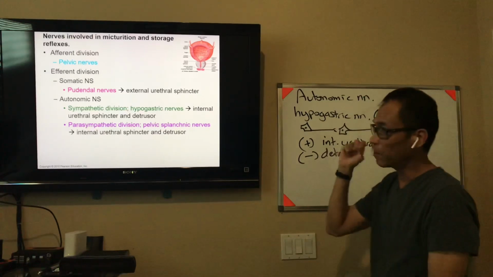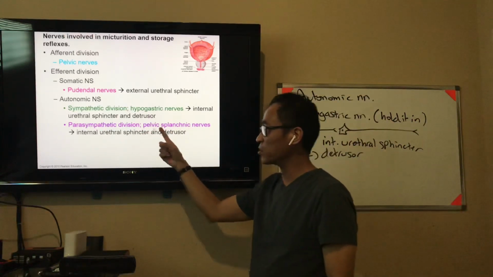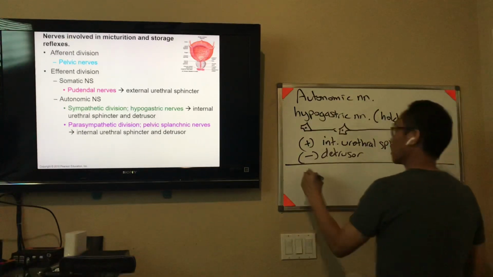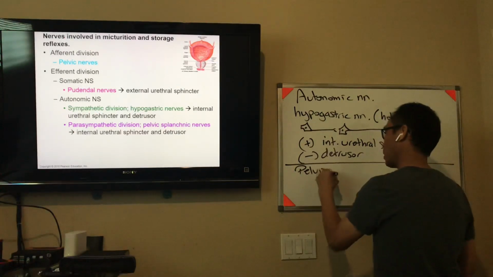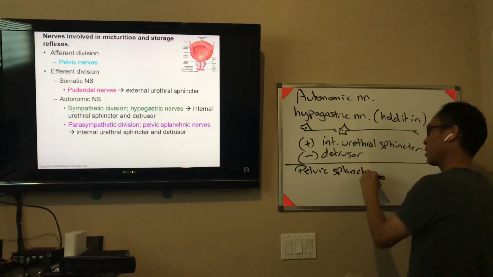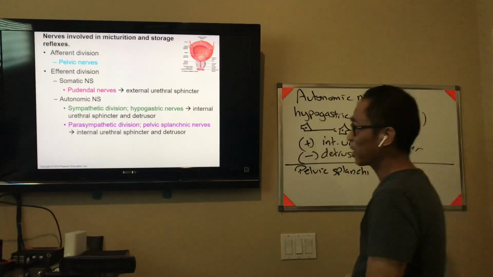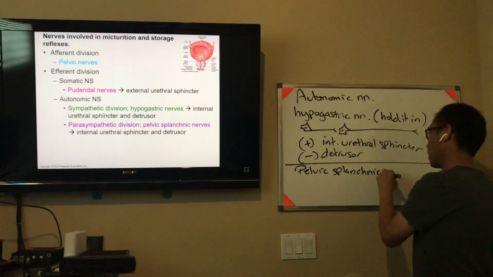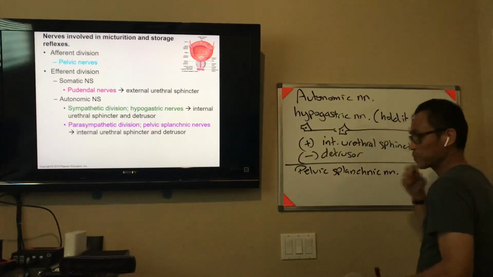So the nerve that helps you go, void the bladder, is the parasympathetic division. Know the pelvic splanchnic nerves. Always have trouble spelling splanchnic. Well, they'll do the reverse.